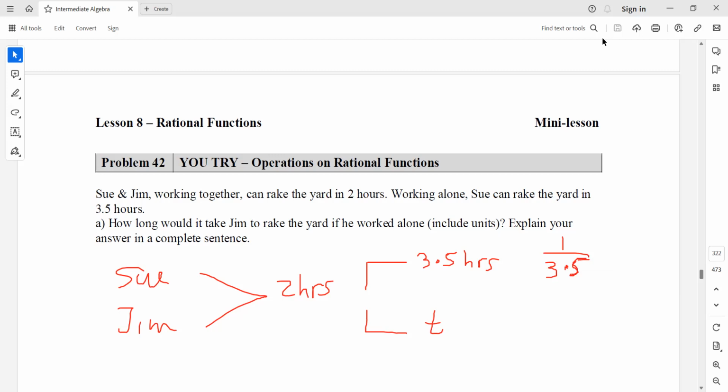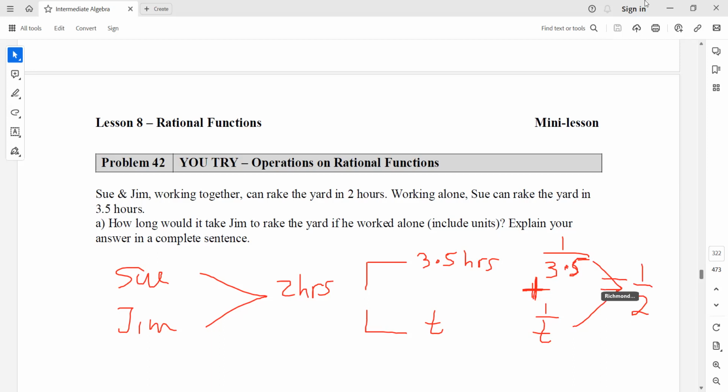The fraction completed in 1 hour for Jim is going to be 1 over T. Now, for the total fraction completed in 1 hour, when they work together, we have 2 hours, so you have 1 over 2. Now, when you add these, it should bring you to that.